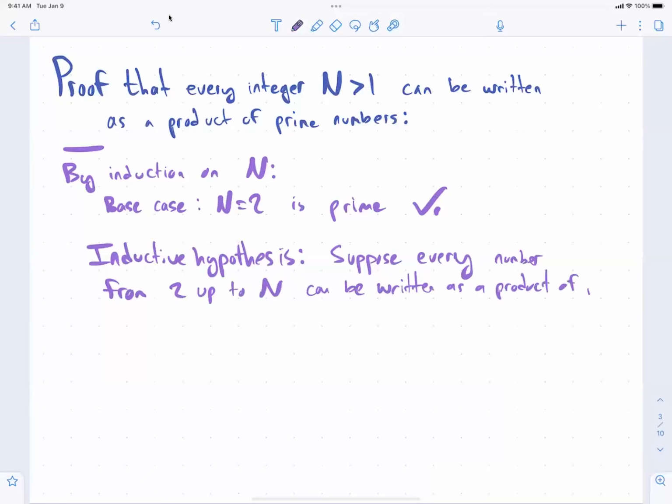Then we'll show n plus 1 can be written as a product of primes as well.